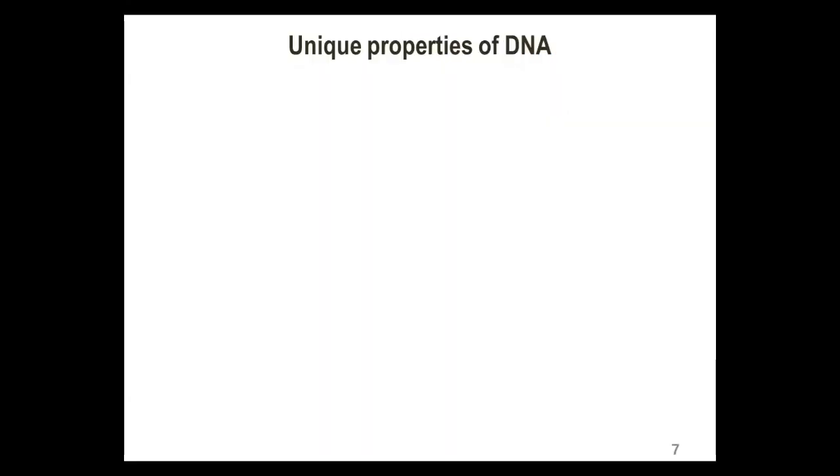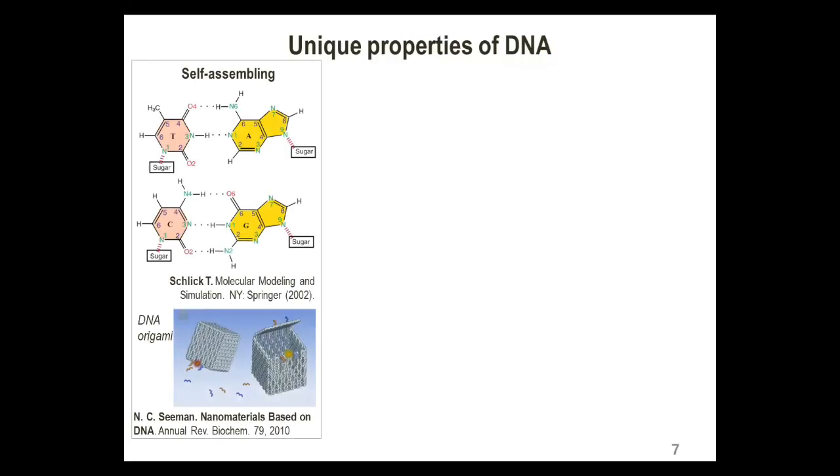And about unique properties, I already told that nucleotides form hydrogen-bonded pairs, and it makes possible the construction of very interesting materials. Like you can see, like boxes, we can have different shapes of this material due to the self-assembling properties of DNA.